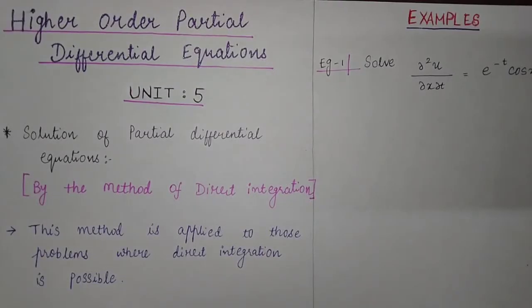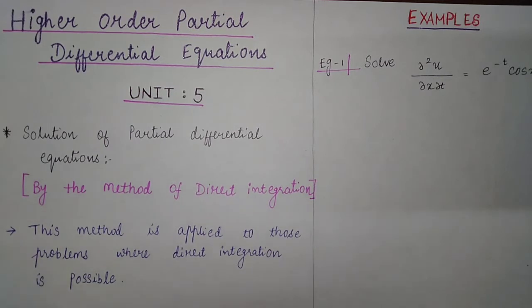Hello everyone. Today we will start unit 5, and after unit 5 we will start the remaining unit number 4. But as the basics of unit 4 are given in unit 5, we will study unit 5 first. The name of this unit is higher order partial differential equations.